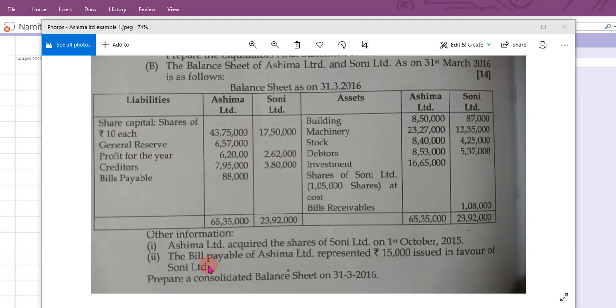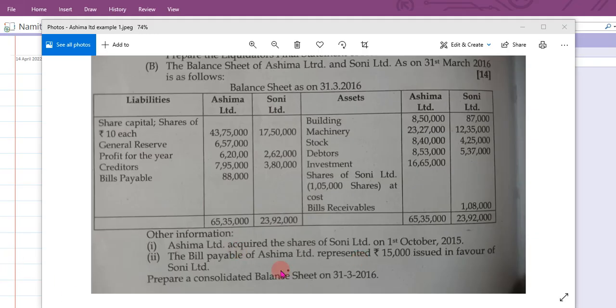We have to prepare the consolidated balance sheet as on 31st March 2016. So this much is clear. In this balance sheet we have to see Sony Limited's share capital and the investment, how many shares Anshima Limited has acquired, and on which date it acquired them.